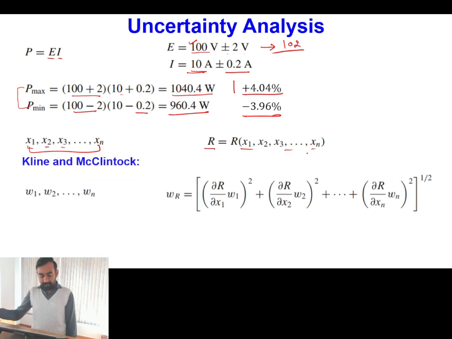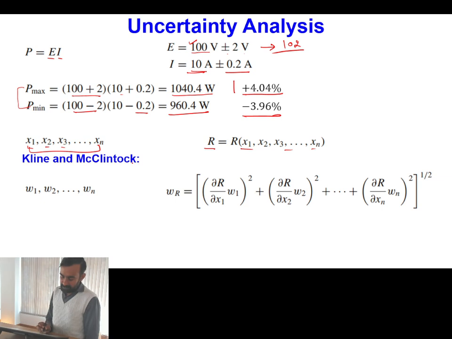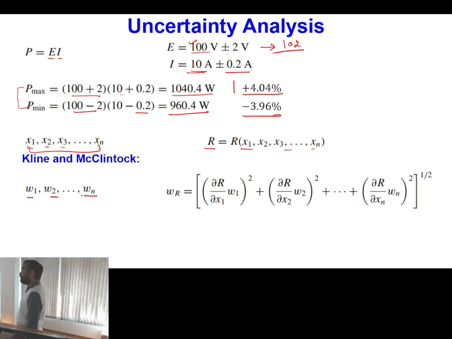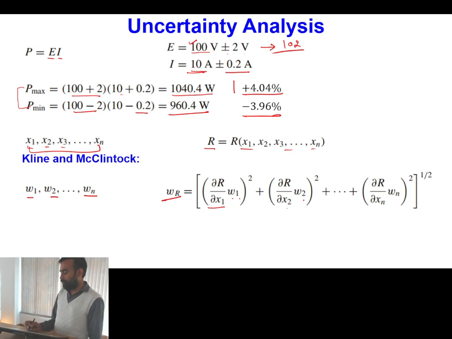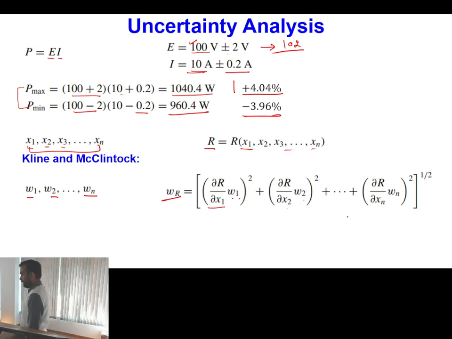Now Kline and McClintock have given an equation which tells that if W1, W2, Wn are the uncertainties in measurement of primary quantities, then uncertainty in measurement of the resultant will be del R by del x1 into W1 square plus del R by del x2 into W2 square plus so on up to del R by del xn into Wn, whole square, and the square root of the entire quantity.